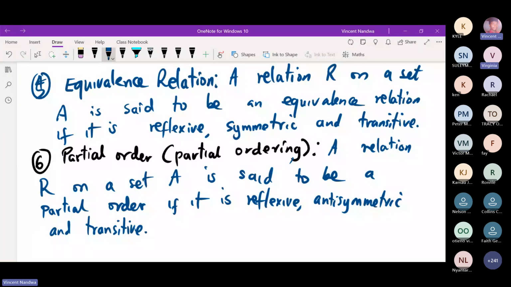So partial ordering requires 3 conditions to be satisfied: reflexive, antisymmetric, and transitive.